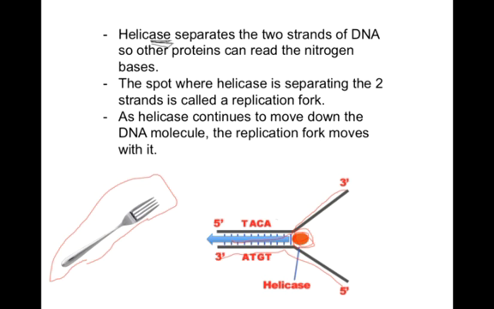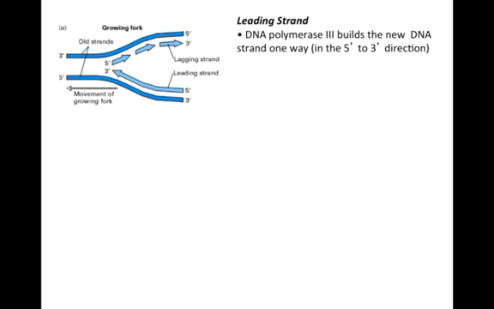All right, so this is where it gets a little bit tricky because remember we said the DNA is anti-parallel. So an enzyme called DNA polymerase III builds new DNA strands in the direction of 5 to 3. So we see here the DNA polymerase III is building in the 5 to 3 direction. It's doing this on something called the leading strand.